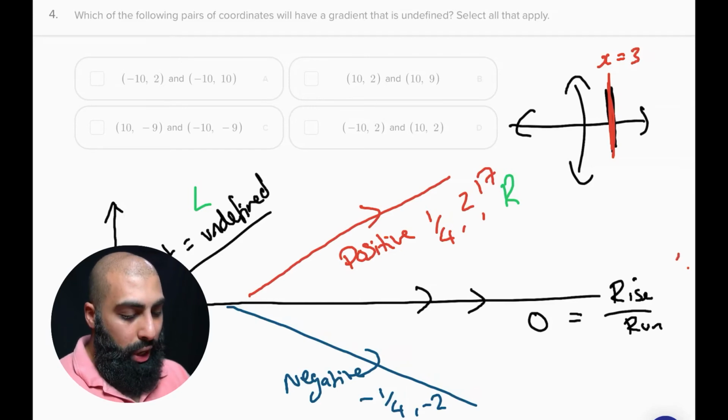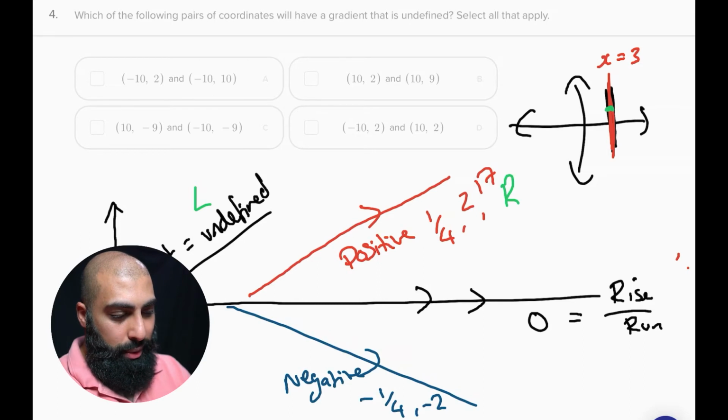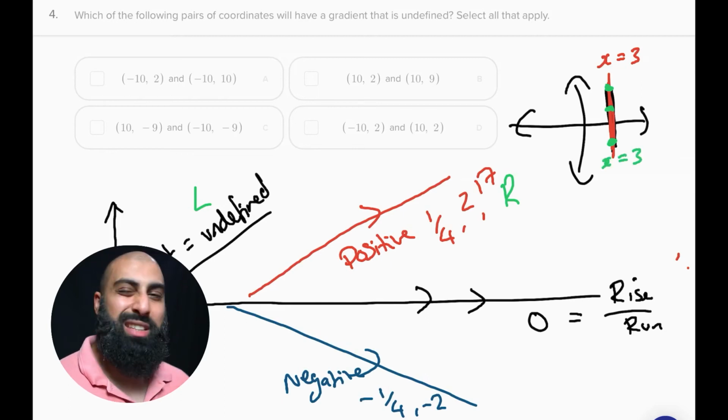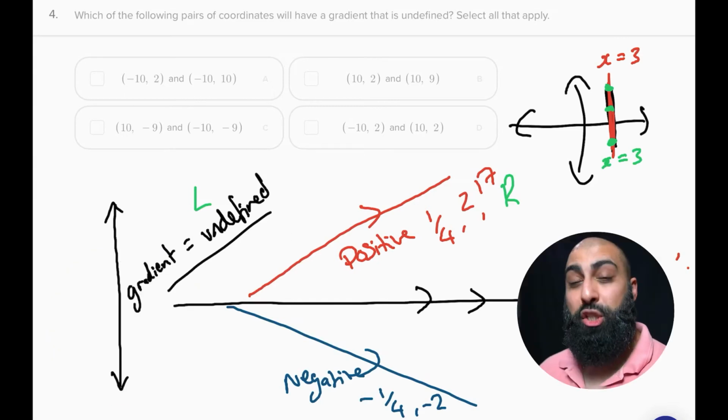No matter where I go up or down on this line, whether I choose that point or that point or that point, the x value is always going to be equal to that same constant, which in this case is 3, okay? So if we have a constant x value, we know that we have a line that is vertical, going straight up or straight down, in which case it would have a gradient that is undefined.